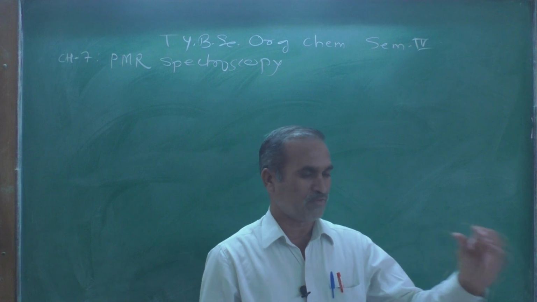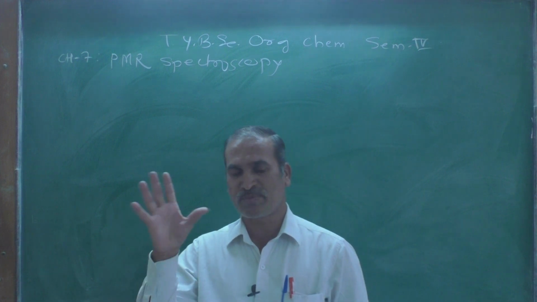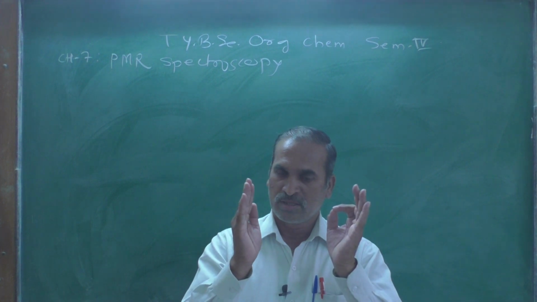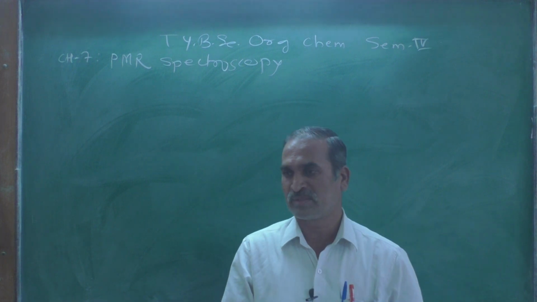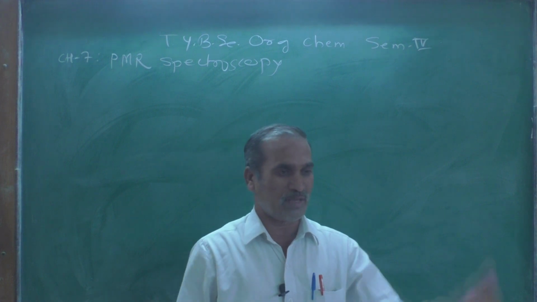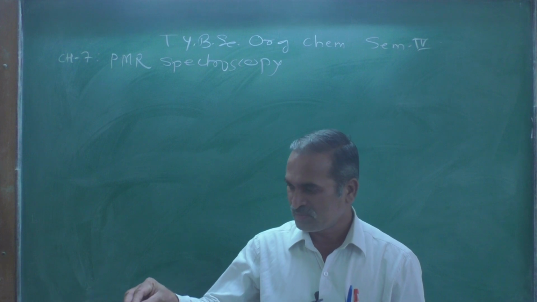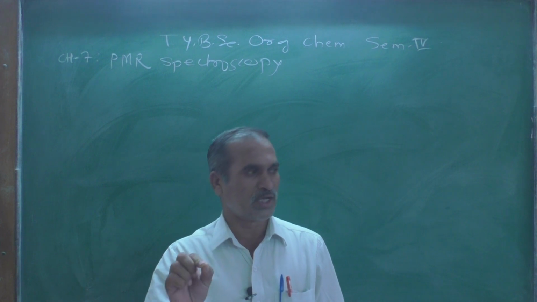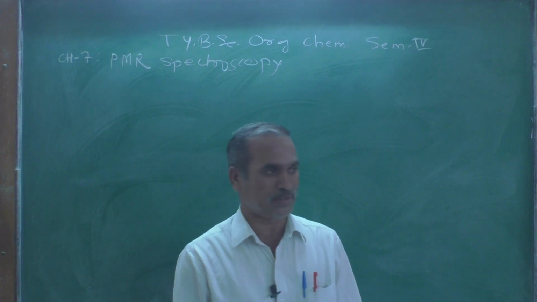The second technique we have studied is IR spectroscopy. IR spectroscopy is concerned with the functional group. There are different types of functional groups available in organic compounds, and a definite functional group provides a particular absorption stretching frequency.